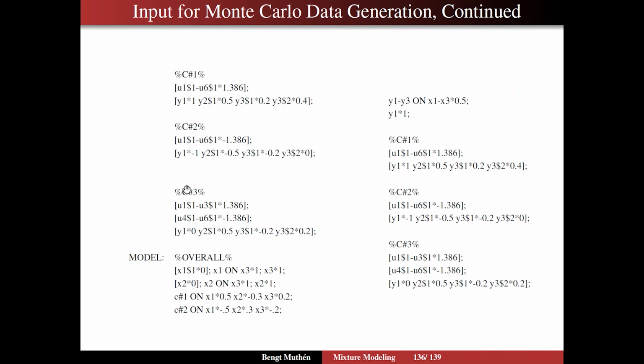Continuing on slide 136, the thresholds here are the values that give the features of the classes that we have looked at. Then you have the model command, which we copy from the model population command to check that everything comes out okay. So there you have it.